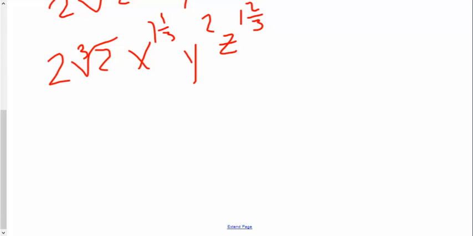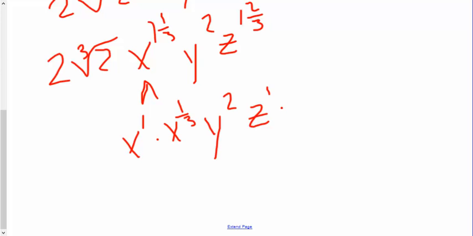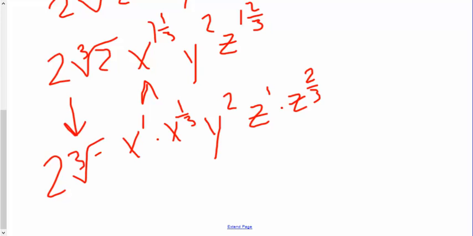So obviously I want to break this down and make that x to the first times x to the 1/3. Still have that y squared, but the z becomes z to the first times z to the 2/3. Because I have that 2/3, I don't really want that, so I need to rewrite this as what's underneath that cube root.